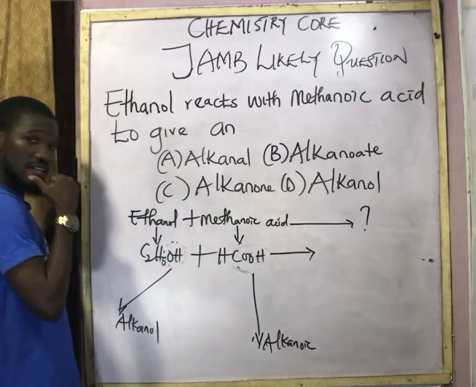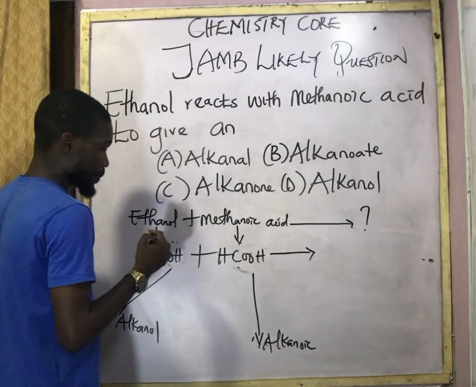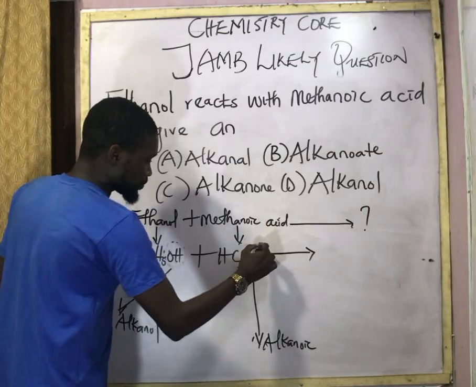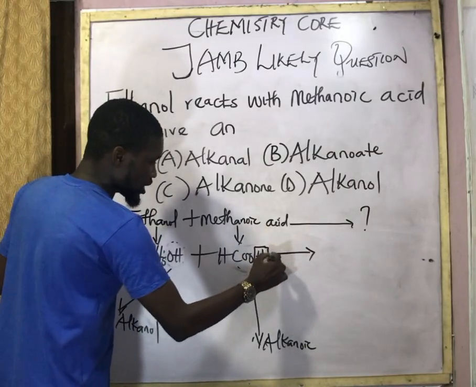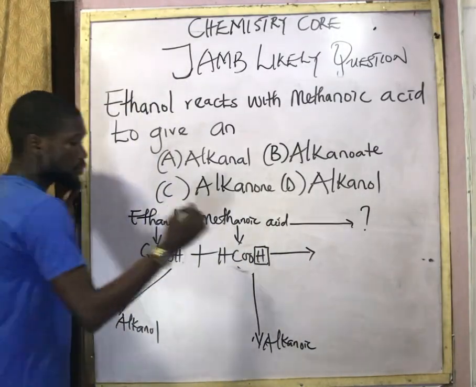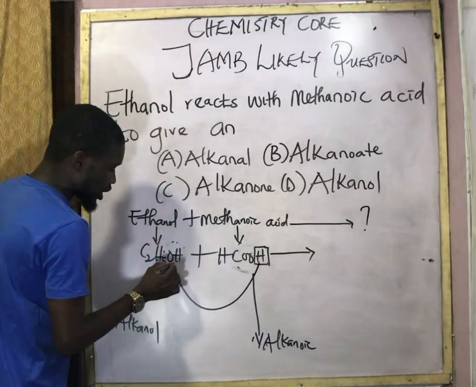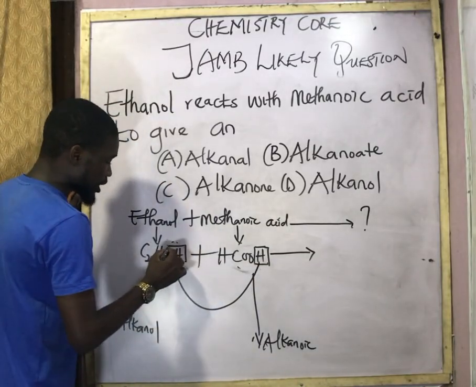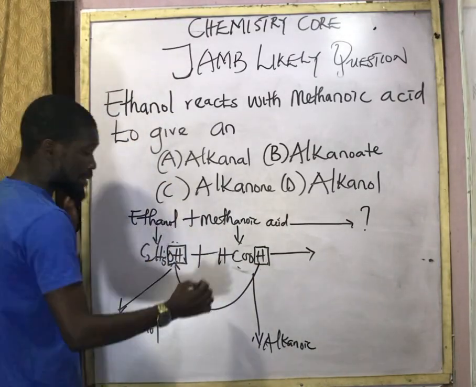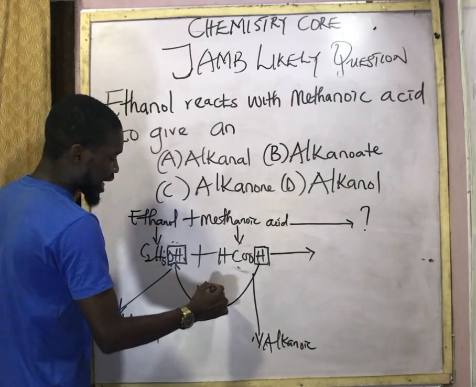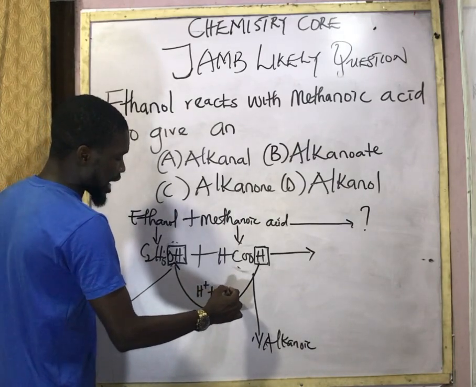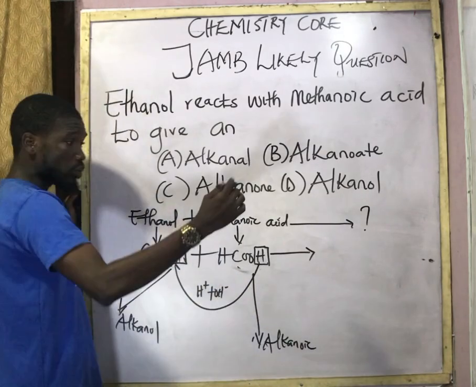Come closer. With what you have here, the H here will react with the OH from the ethanol, and mind you, when hydrogen ion plus hydroxide ion combine together, what are we going to have?